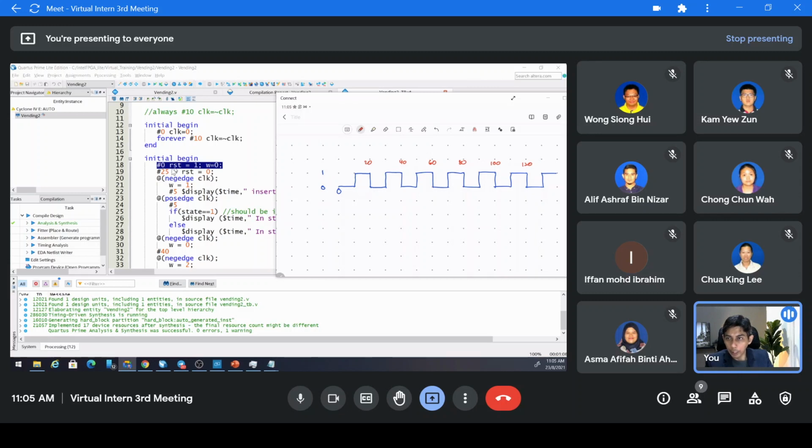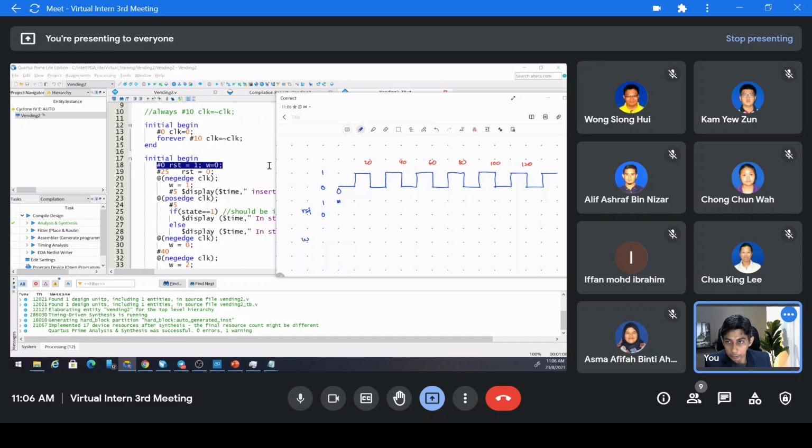Now, here we have a reset signal and W. So let's say, for example, this is reset. Okay, so at time 0, reset equal to 1. So time 0, the reset is 1. So we start here at time 0. And W, we also have W, and W is 2-bit.